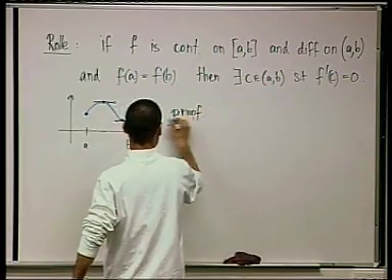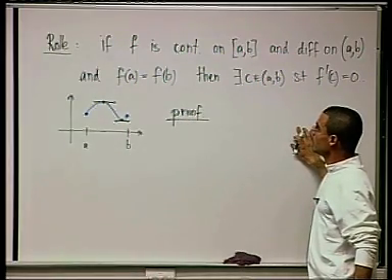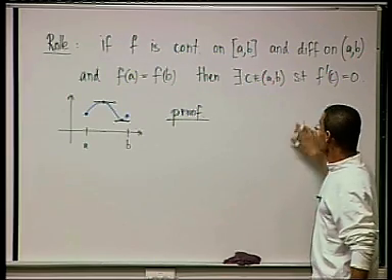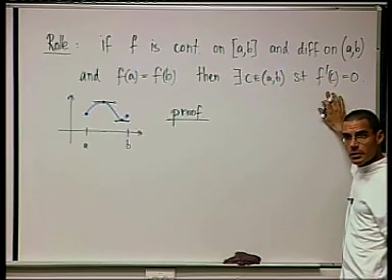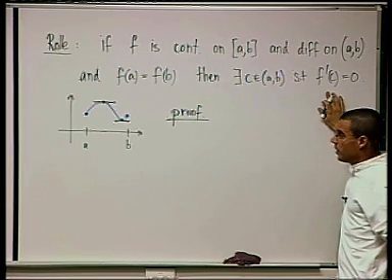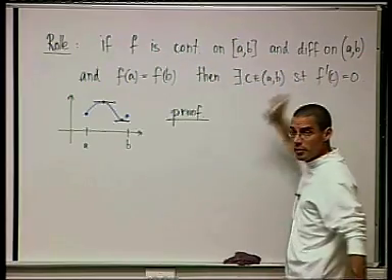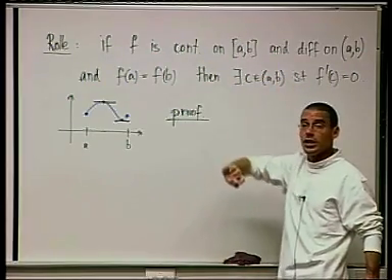What is the difference in the Weierstrass theorem? This is a statement about derivatives. The Weierstrass theorem said, okay, if you have a continuous function, it has nothing to do with differentiability. It can be completely cuspy.